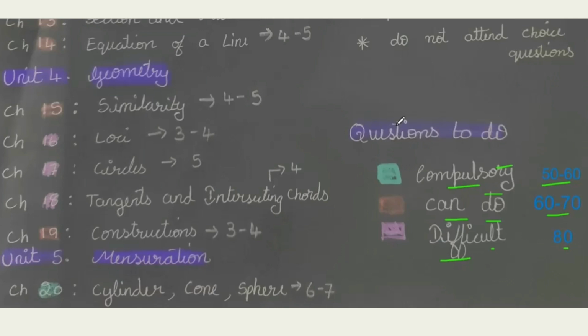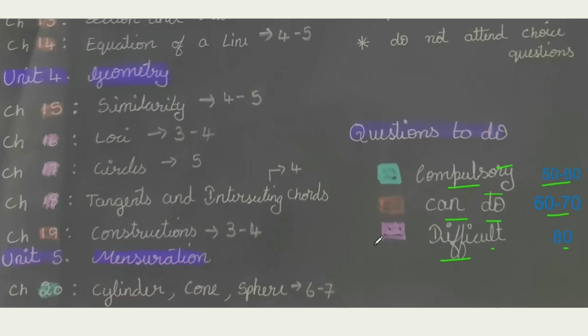Now, the ones I have marked compulsory are the green ones, the can do questions are the red ones, and the purple color is difficult chapters. Okay, so in compulsory, those students who feel they can't even pass could do the chapters from compulsory, and can do chapters are marked in red.